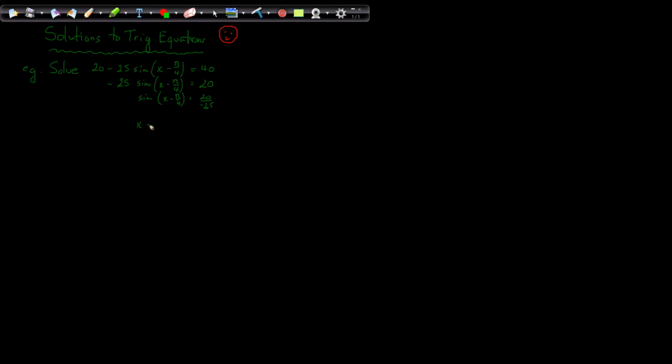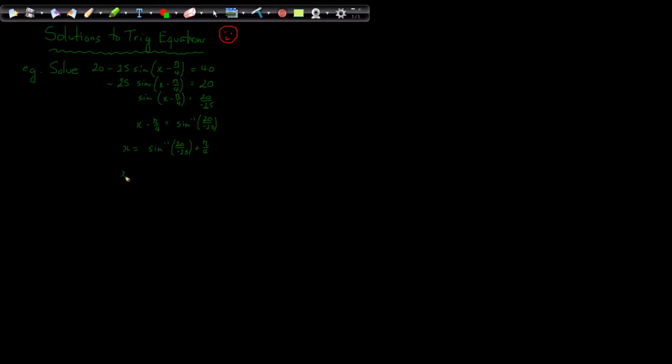Next we need to use the inverse sine function. So we're going to take the inverse sine of this 20 over negative 25, and then finally, to get x on its own, we're going to find this value, and then I'm going to add pi over 4, moving the negative pi over 4 to the other side, becoming positive pi over 4.